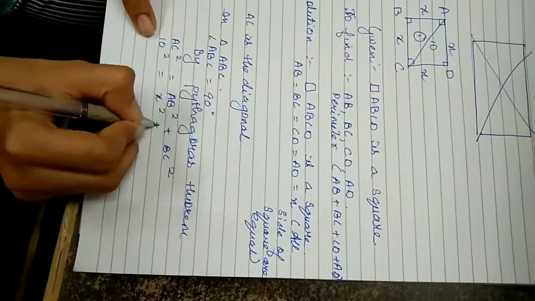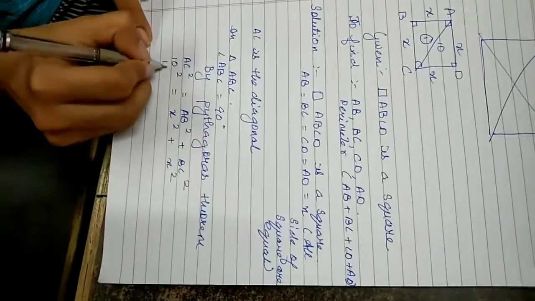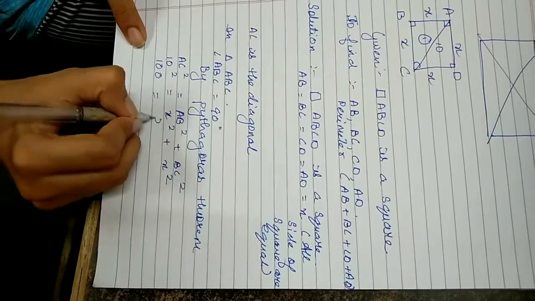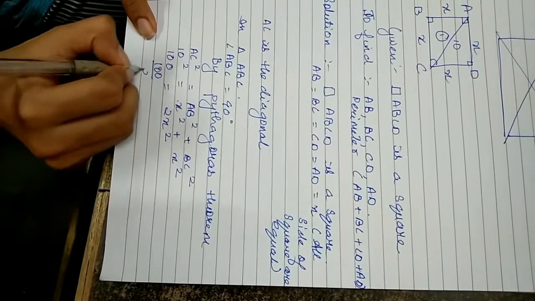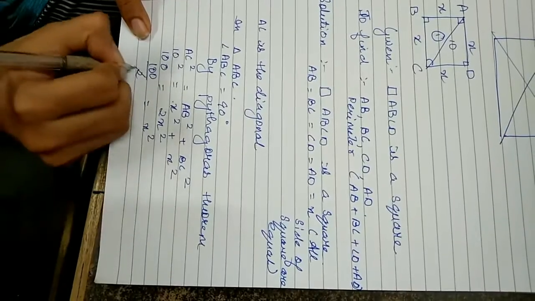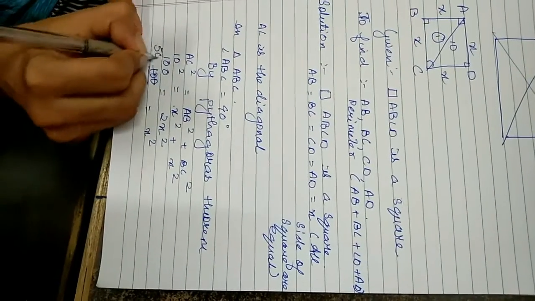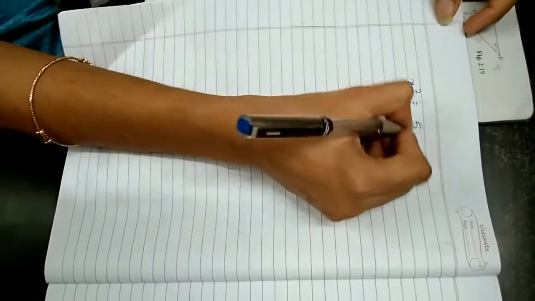AB we will consider as x, BC is also x. 10 square is 100, x square plus x square, that is 1 plus 1, which is equal to 2 x square. 100 upon 2 is equal to x square. 2 fifties are 100, so x square is equal to 50.